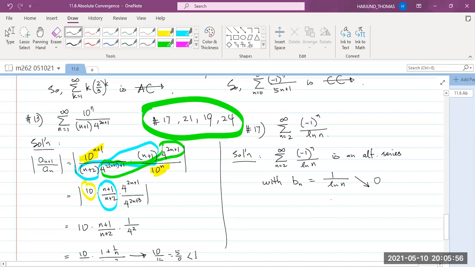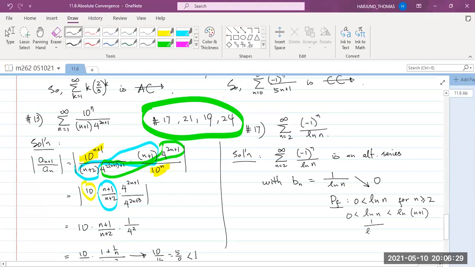Okay, proof. Well, ln n is greater than 0 for n greater than or equal to 2, so it's positive. Now ln n must be less than the natural log of n plus 1. At the same time, it's positive.